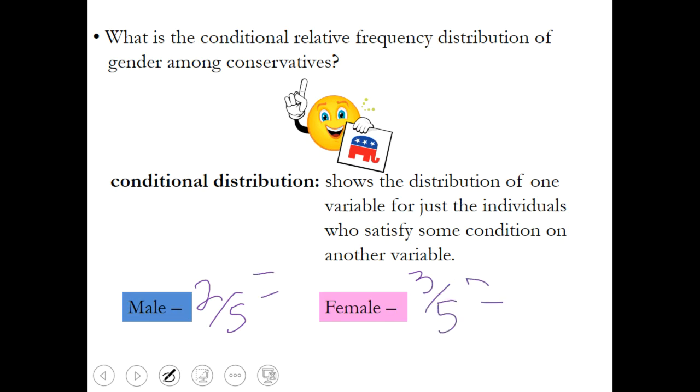So my conditional distribution, 2/5, is 40%. And of course, that means the other 60% had to be female. So it's just a distribution of one variable, gender, for those who satisfy some condition on the other variable. In this case, they had to identify as conservative.